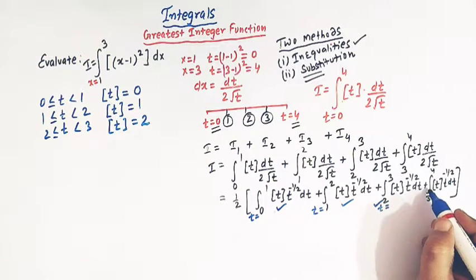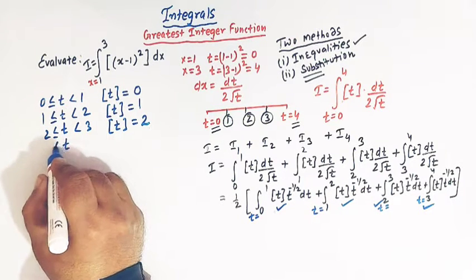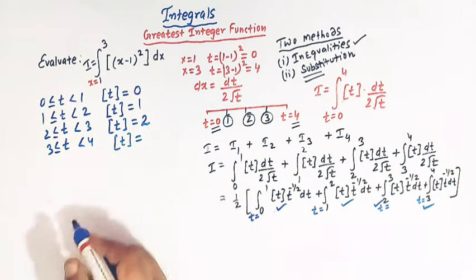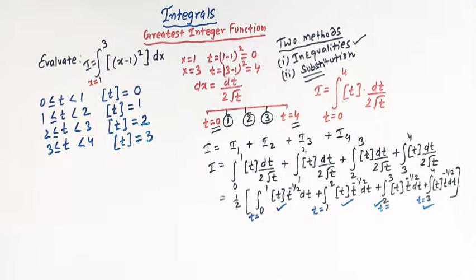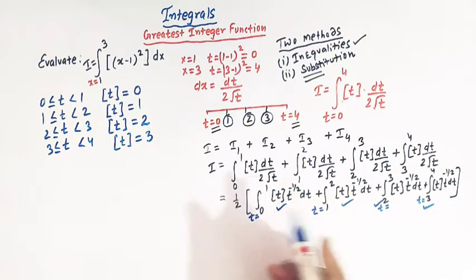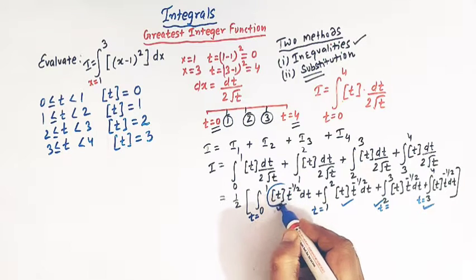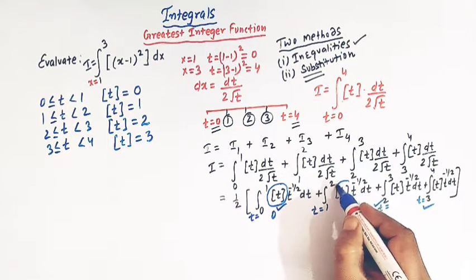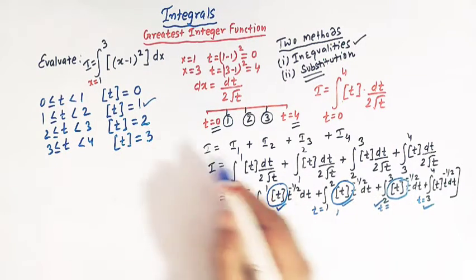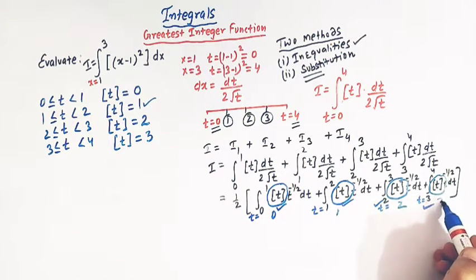And in the fourth integral, t goes from 3 to 4, so the greatest integer of t should be equal to 3. So in these four integrals, we have written the value of the greatest integer of t. So here we have 0, here 1, here 2, and here 3.